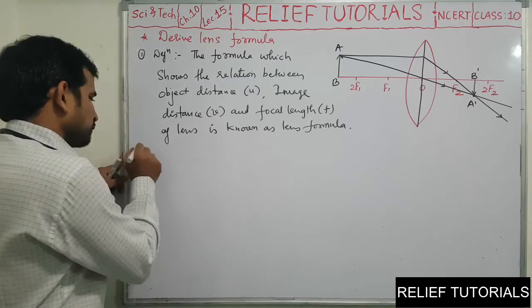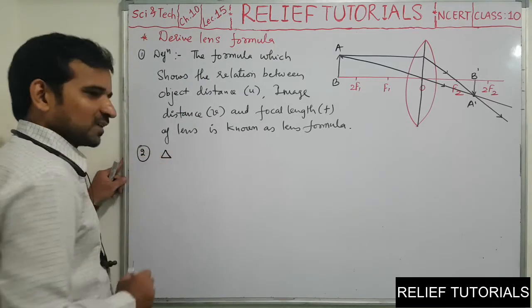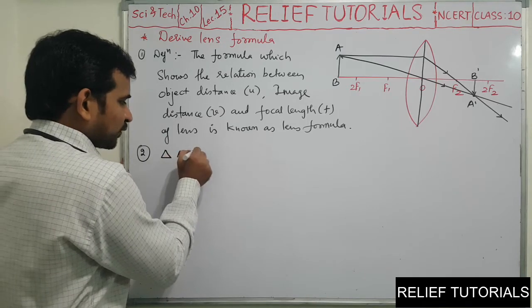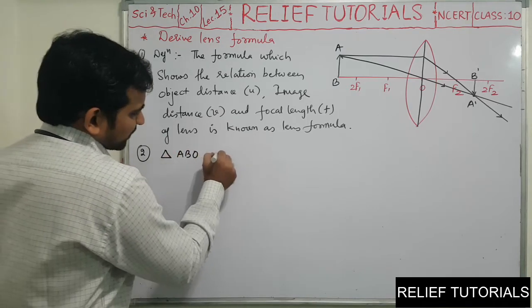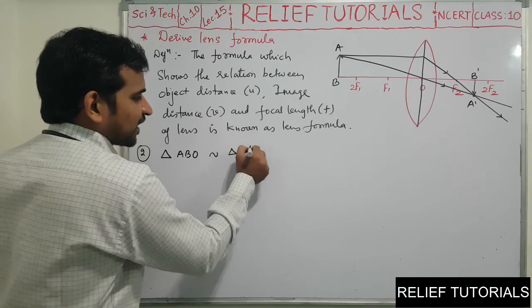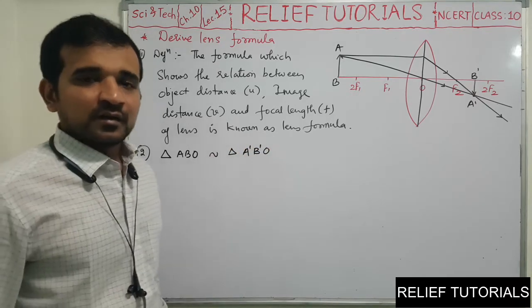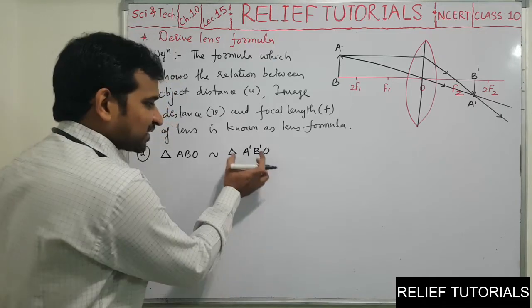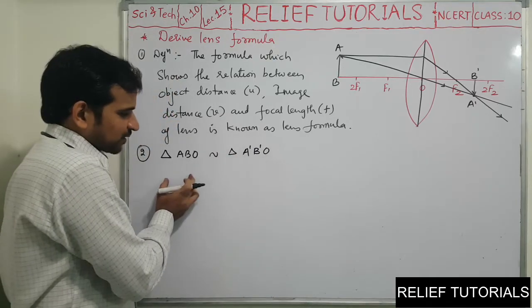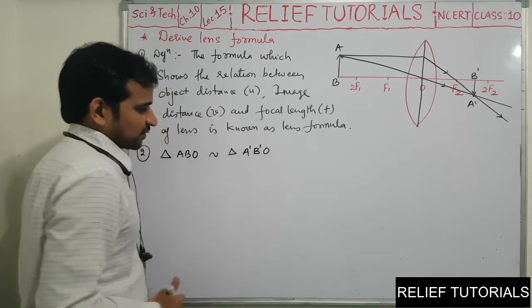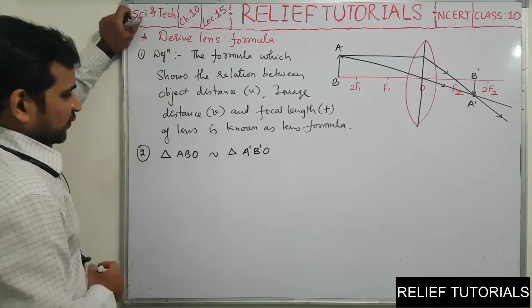So point number 2, using similarity number 1, triangle ABO is similar to triangle A dash B dash O. In the case of mirrors we took dash triangles first, but in the case of lens we take dash triangles afterwards. Now make the ratio.